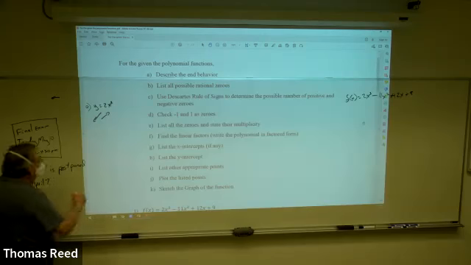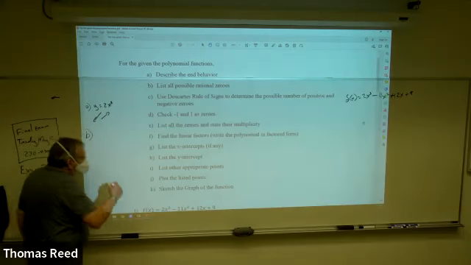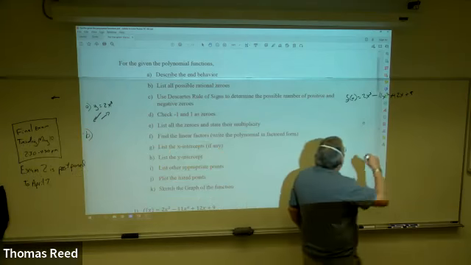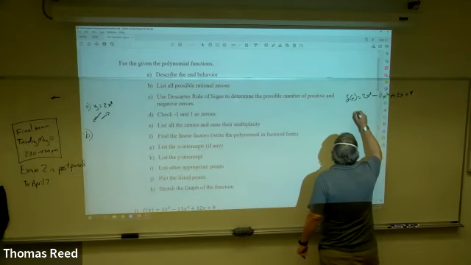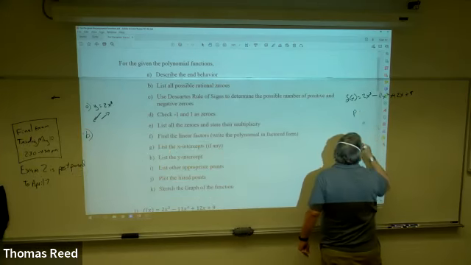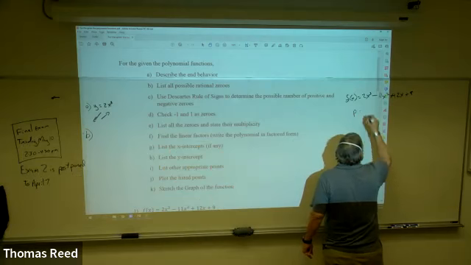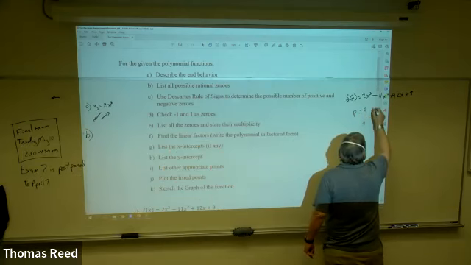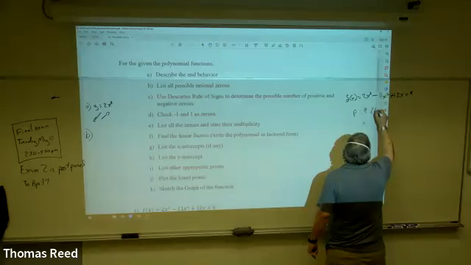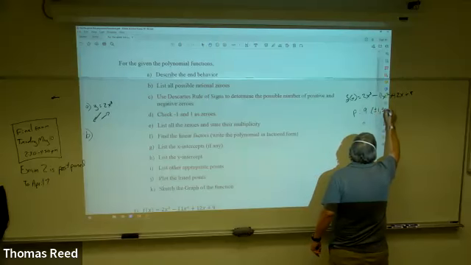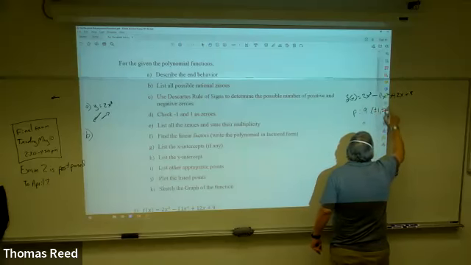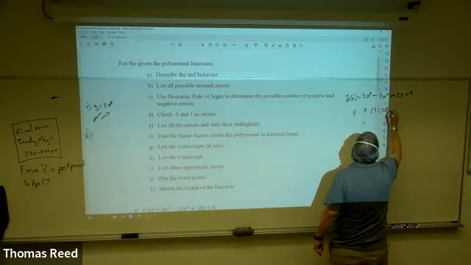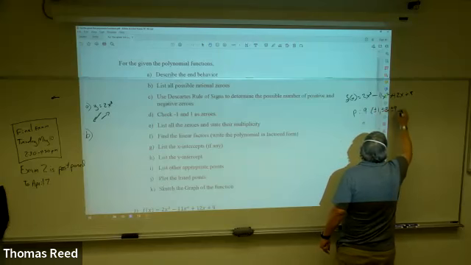So for letter B, I'll do the work over here. For letter B, I need to know my p-values, which are the factors of 9: plus or minus 1, plus or minus 3, plus or minus 9.